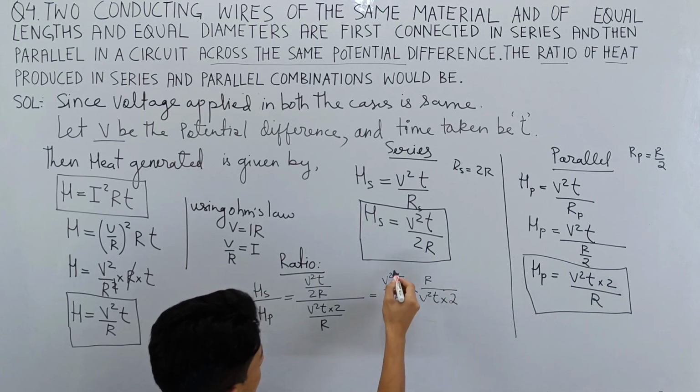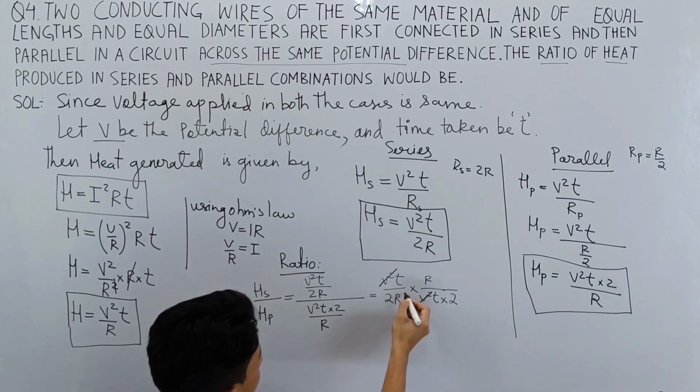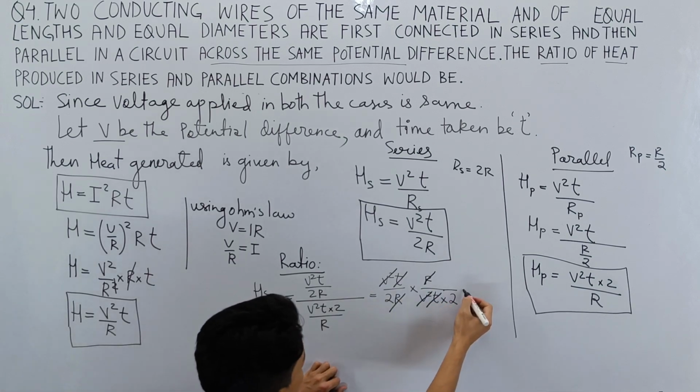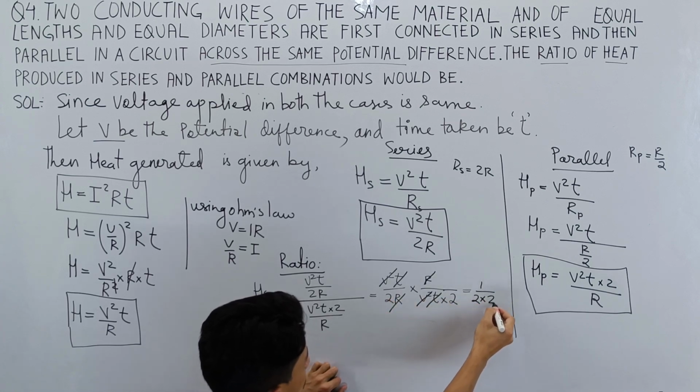Let's start cutting now. V square cut, and then this is 2R now. Yes, R cut, T cut. What is left? You're left with upside nothing, 1, and downside you're left with 2 into 2.